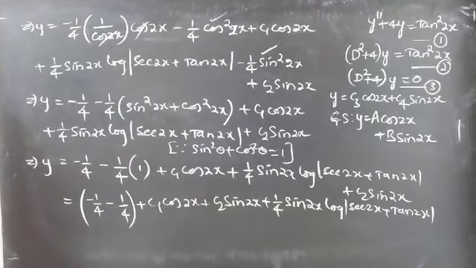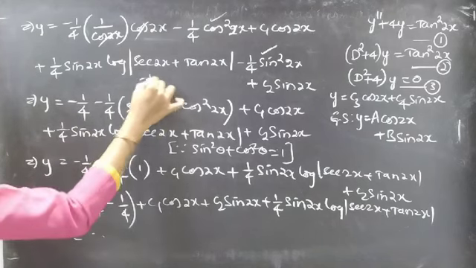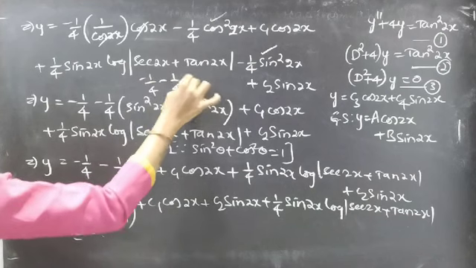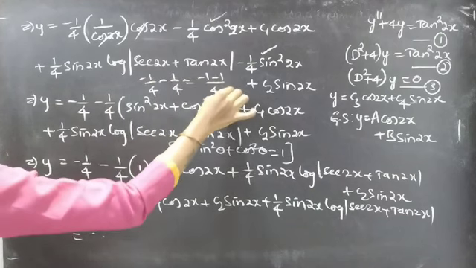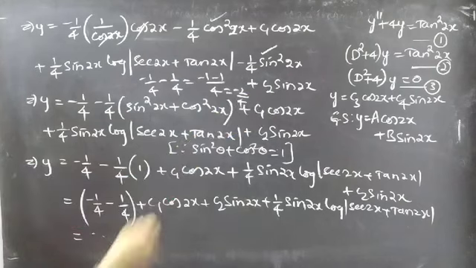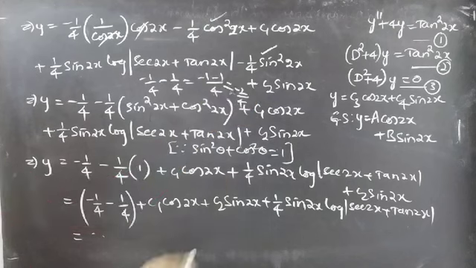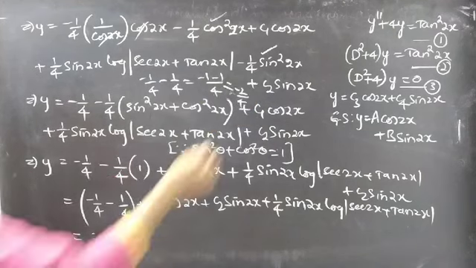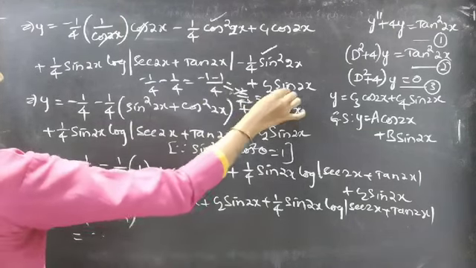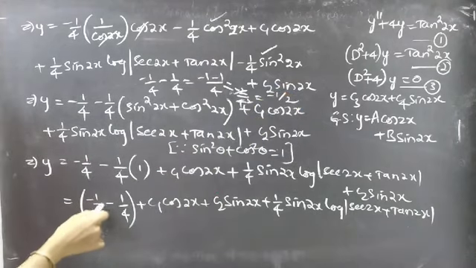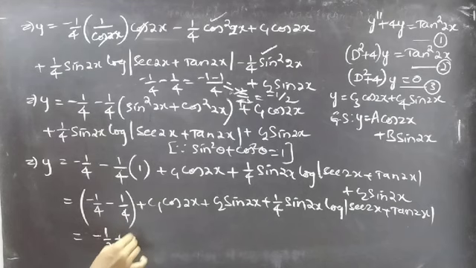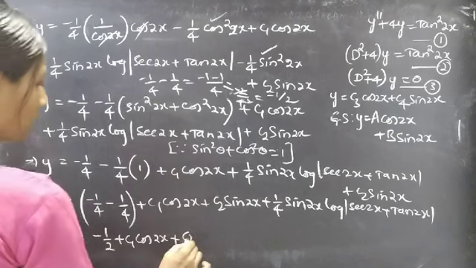Minus 1 by 4 minus 1 by 4 is minus 1 by 4 minus 1 by 4, which is minus 2 by 4, which is minus 1 by 2. So let's replace minus 1 by 4 with minus 1 by 2 here. Remaining terms will be the same.